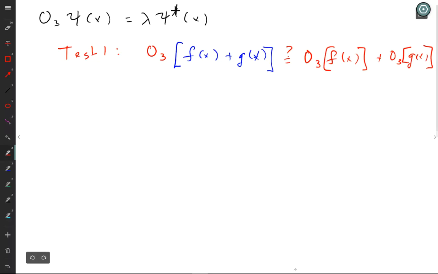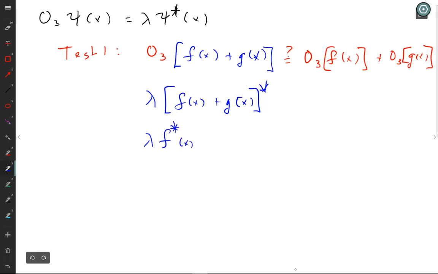So now I go through and I'm going to take this entire thing and take lambda times the star of this, right? And so a complex conjugate is just going to come into each one.